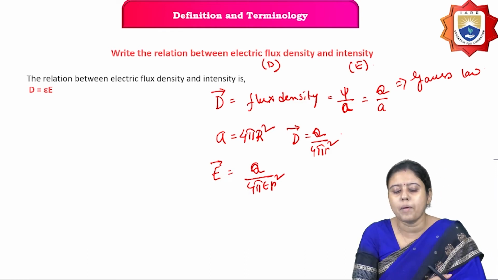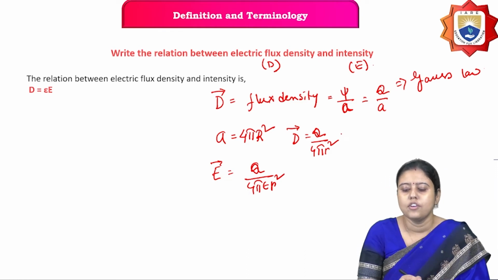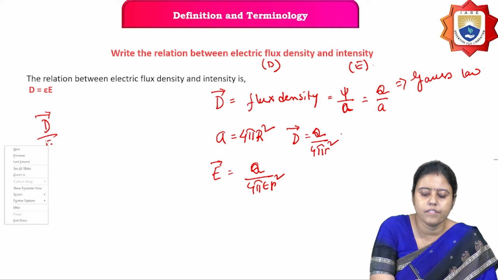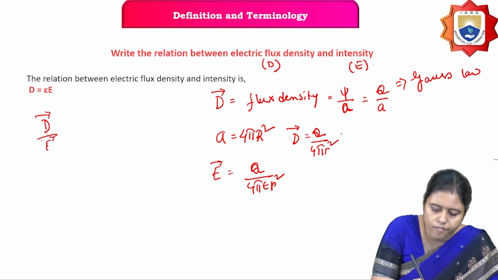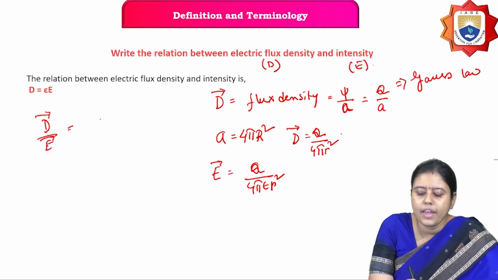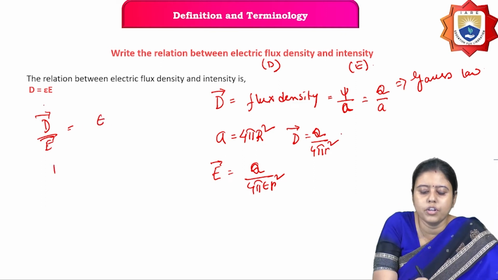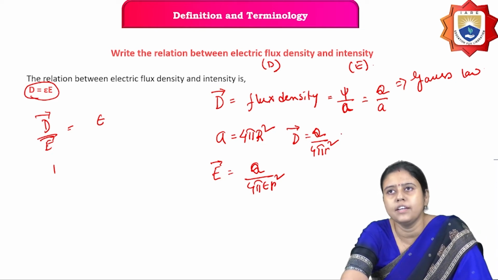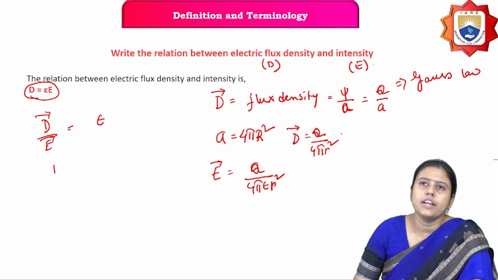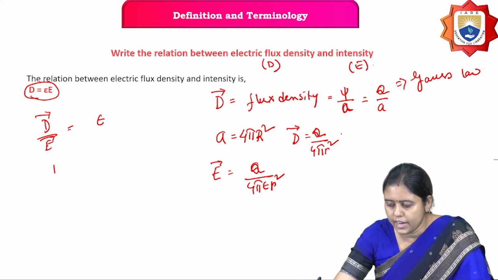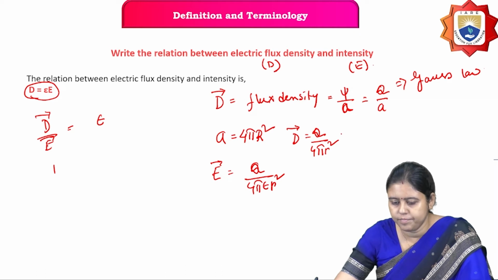So if we compare these two results, D divided by E, we get the value epsilon, and so we got the answer D is equal to epsilon E. This relation is very, very important in the case of the electromagnetic field.